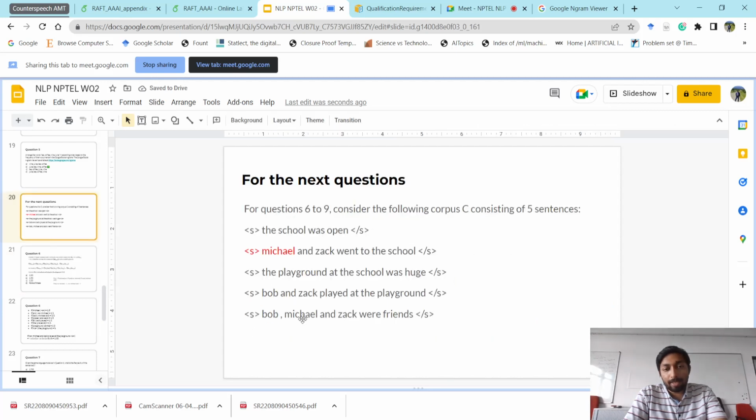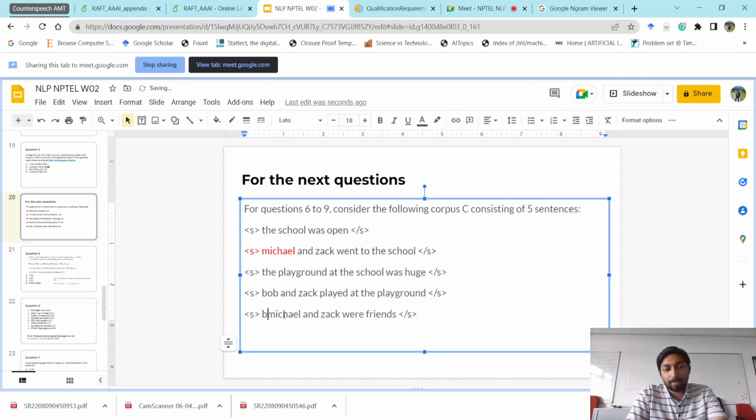If there was another sentence where this was the case, now what will be the probability? Now there are 2 Michaels, so it will be 2 by 5 here.